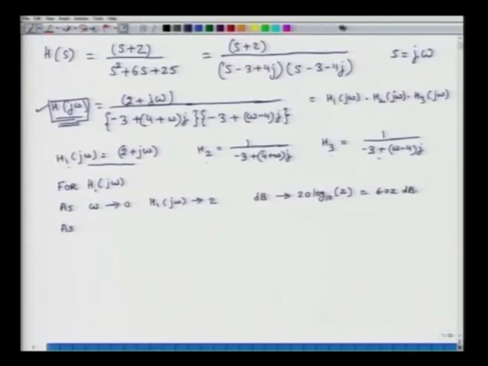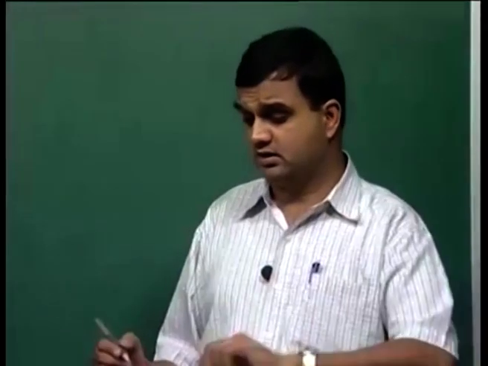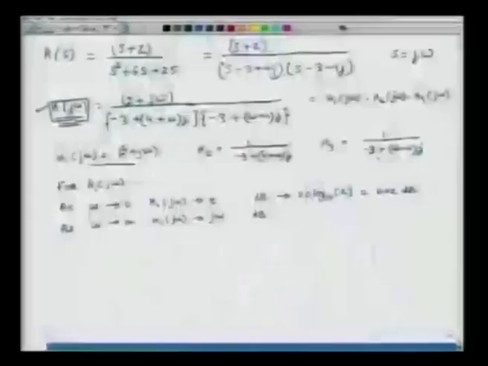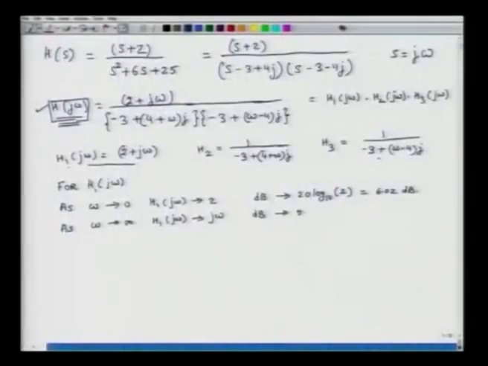Similarly, as omega is approaching infinity, H1 of j omega approaches j omega. So, if I calculate the strength of H1 in terms of decibels, that approaches 20 logarithm in base 10 of omega, because the magnitude of j omega is omega.